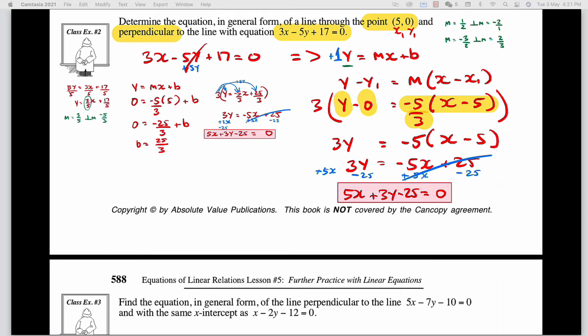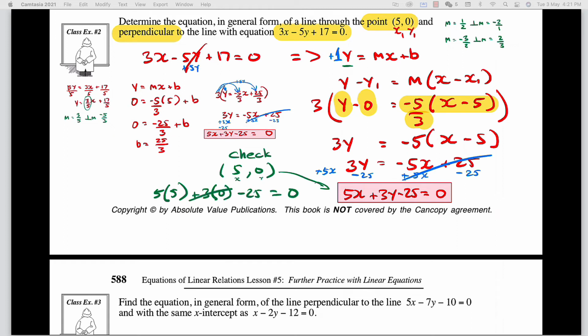Okay, and again, we can check using the point 5, 0. I can do a check. So x is the 5 and y is 0, so I just want to take those numbers and substitute them in here. So it's going to be 5 times x, which is 5, plus 3 times y, which is 0, and then subtract 25, and that should equal 0.